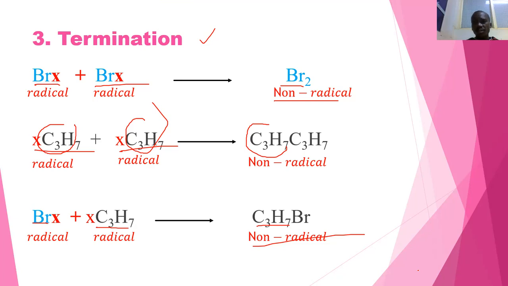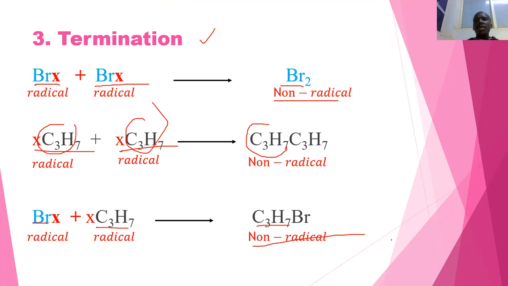Then one of the radicals formed there will now combine with, in this our case, propane. So that propane now reacts with one radical from the bromine to form the propane and what we call the propyl radical. You should be able to know that.